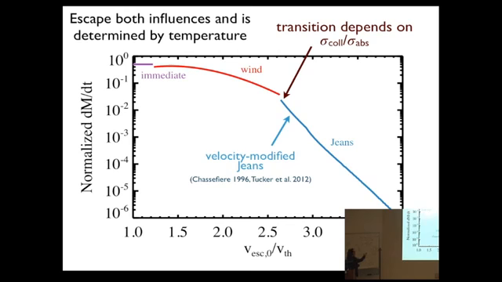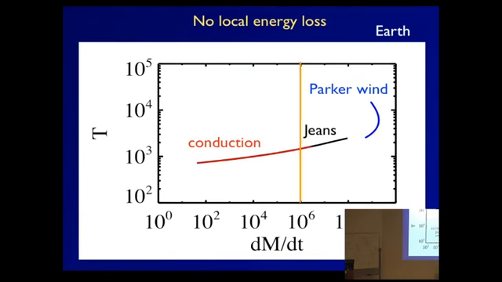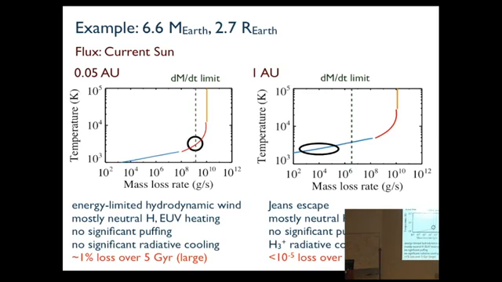So you can see that the wind solution formally turns over, but what really ends up happening is you've reached the point where your thermal velocity is about your escape velocity. So what really is going to happen is it should just asymptote. That's right. And I think in the later ones, I had fixed that. In these other plots that I made with the later version of my code, it had been fixed.